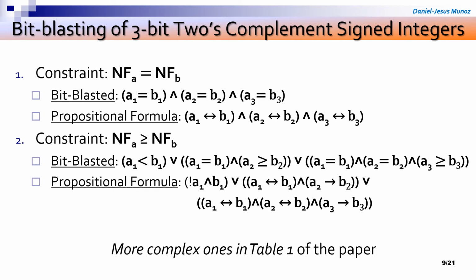Well, a less A of B is a not A1 and B1. Then the equalities, we already transformed them in the first example, is an equivalence. And for the greater or equal, I can tell you it's an equivalence, more details on the paper. Then we already have the propositional formula of a numerical feature constraint.